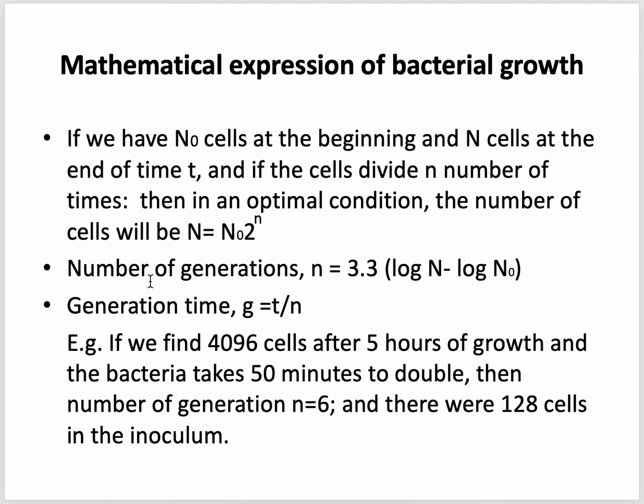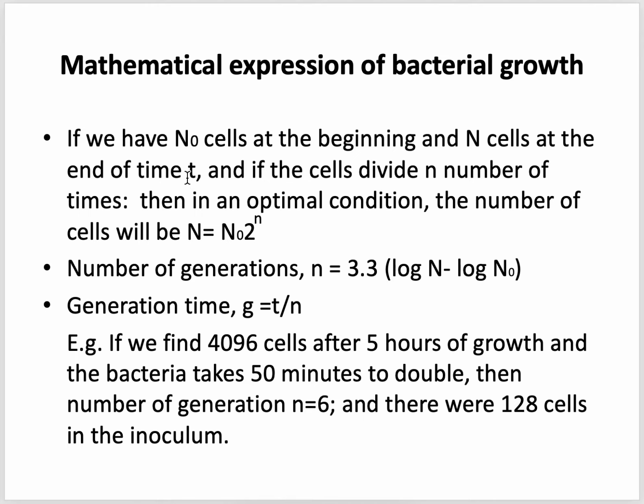There are some mathematical expressions by which we can show bacterial growth. So how can we do that? Let's try. Suppose we have N0 cells at the beginning of the growth, and N cells at the end of time t.